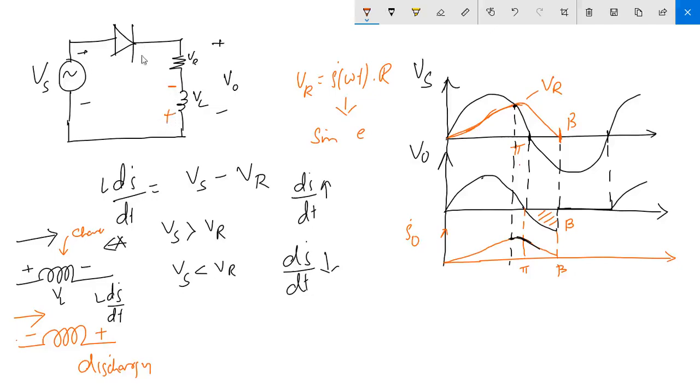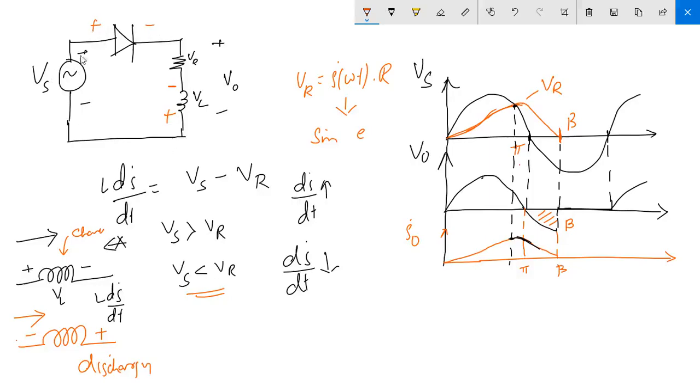So after pi, your Vs is on the negative side, that is Vs is less than Vr, and your inductor has larger energy. Because of this, most of the voltage appears across your diode.